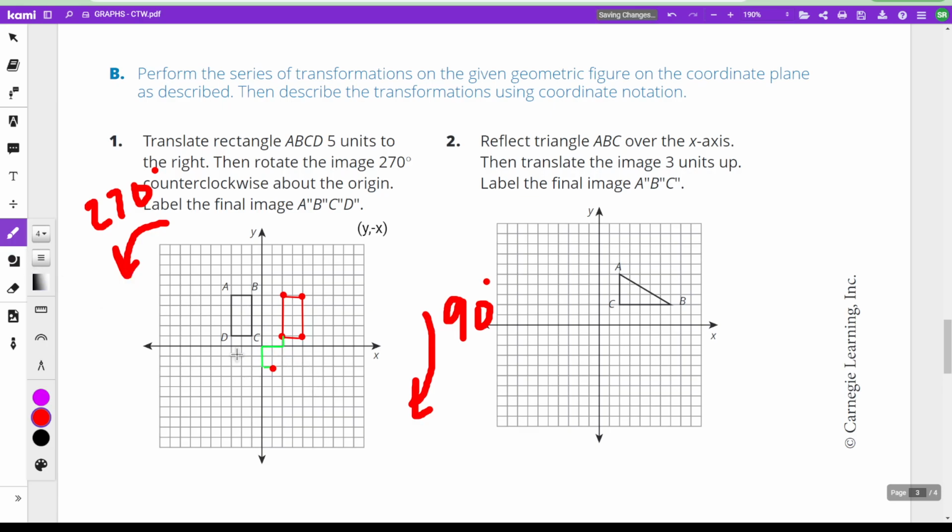And so now we can do the hook method for all the other points and do this rotation relatively quickly. So here this long side of the hook would be 4 units, and this would be 1 unit. So we go 4 units, 1 unit. This hook is 2 units, and then 5 units, and so we would go 2 units, and then 5 units.